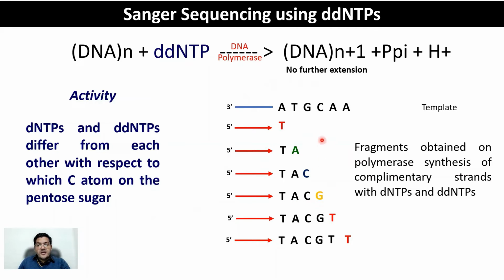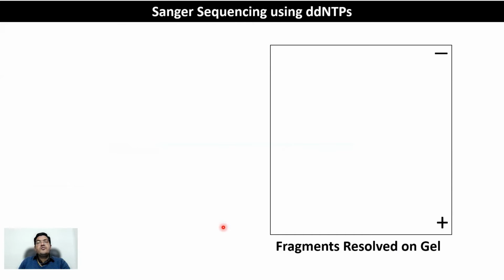So as I said, the next step here is to size separate these fragments using capillary electrophoresis. So here you are, you set up your capillary electrophoresis. This is a plus end, this is a minus end here. You know DNA is negatively charged and therefore it would move towards the positive end. And upon electrophoresis, the shortest fragment would run the fastest and the heavier fragment would run slightly slower.